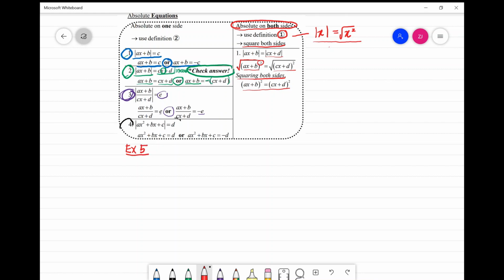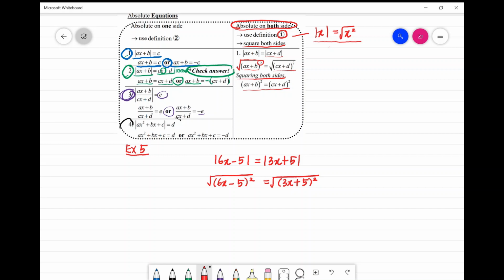If we have absolute of 6x minus 5 equals absolute of 3x plus 5, how to solve this equation when we have absolute on both sides? Again, we use the definition. Here, absolute of 6x minus 5 will be the square root of 6x minus 5 squared, and we do the same for the right hand side, so we have the square root of 3x plus 5 squared.